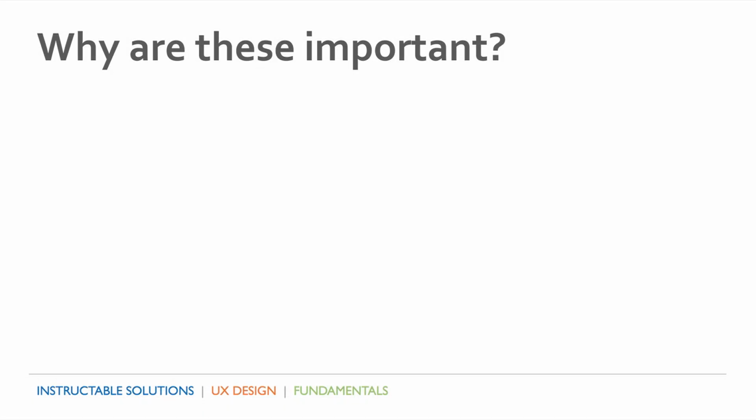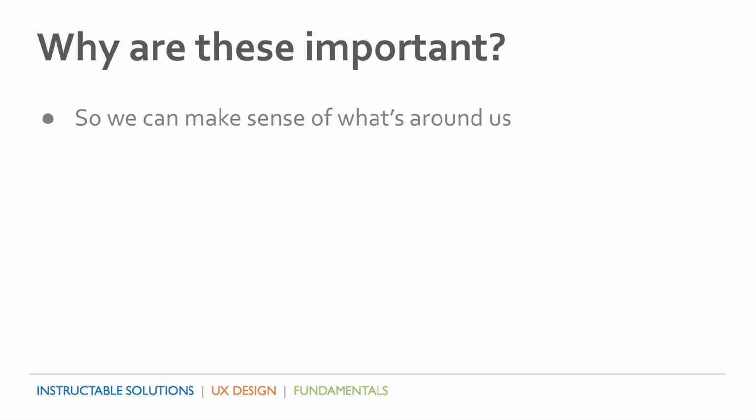So why are these things so important? Well, taxonomy and classification is important because we need to make sense of what's around us. Without being able to group things together in a formulaic way, it's really difficult to create an experience at the scale of some of our larger consumer packaged goods sites without a really robust taxonomy.